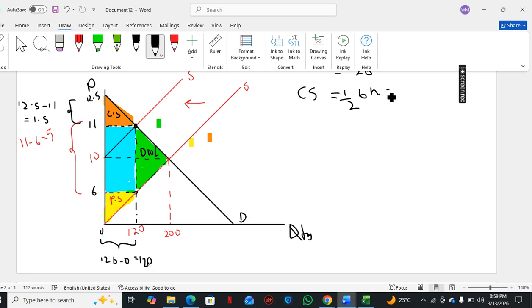So you're going to say equals half times the breadth, which is 120, and then the height 1.5. So half of 120, that is 60. 60 times 1.5, what do we get, colleagues?